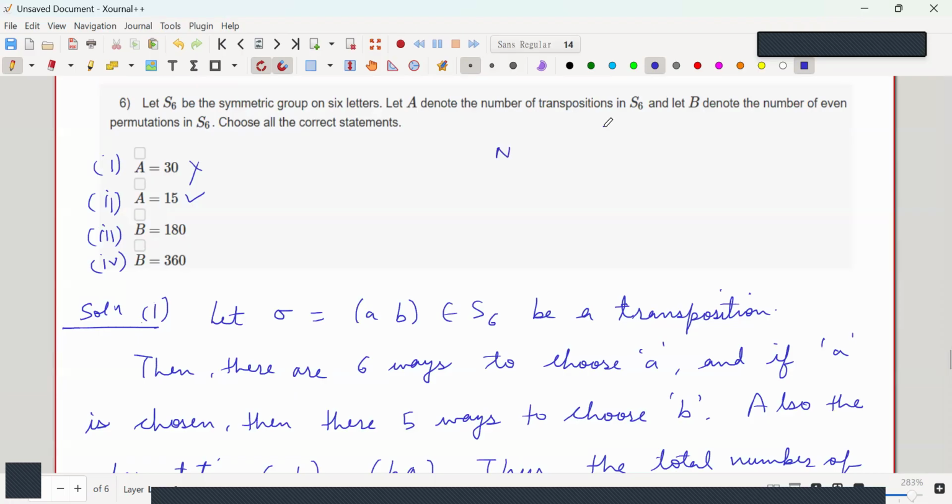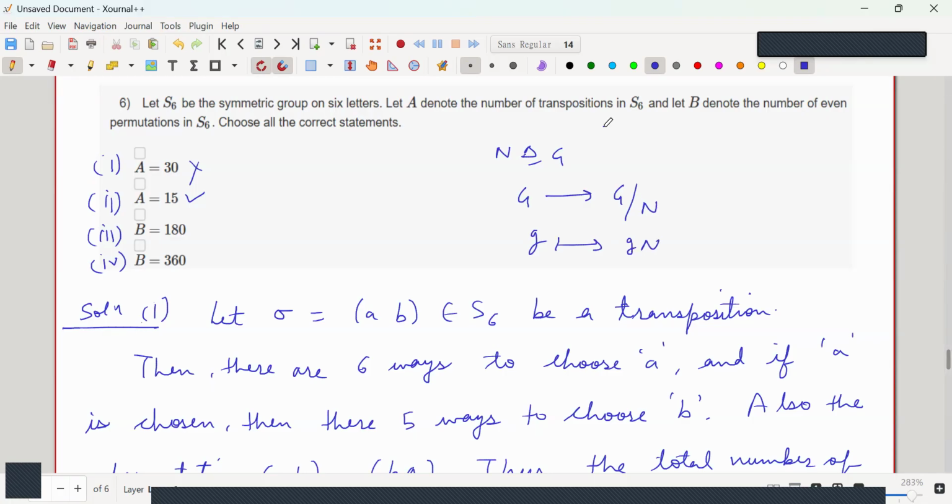So, given any N normal in G, one can define the map from G to G mod N, and the map just sends small g to the coset gN.